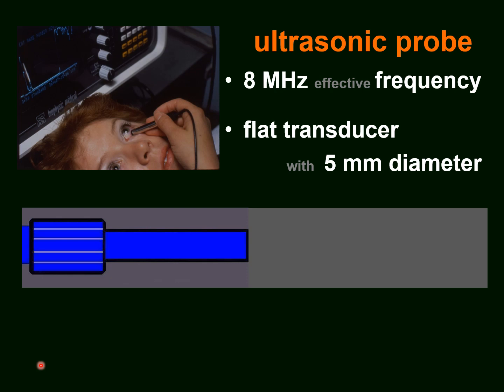It has a flat transducer with a 5 mm diameter. This combination of 8 MHz effective frequency and a 5 mm diameter of the transducer guarantee the sending out of a parallel beam.